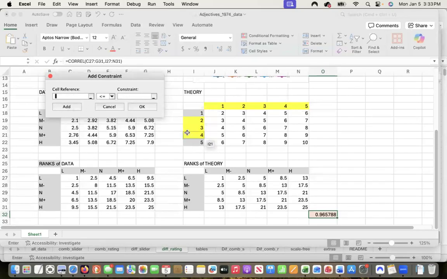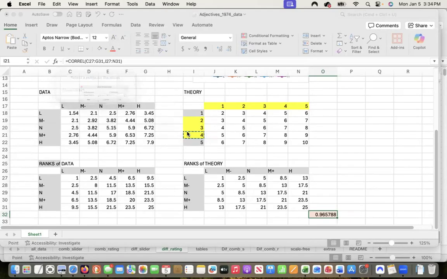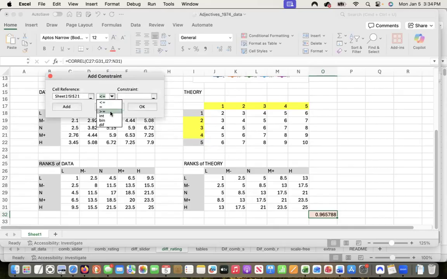Then we add that this one will also be less than 5. And this one is also going to be greater than 1. And number 4 is also going to be less than 5, and it also should be greater than or equal to 1.